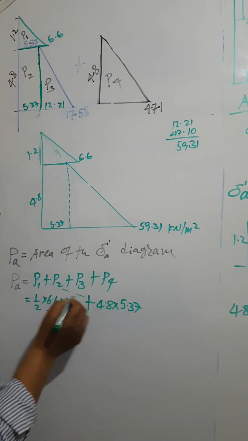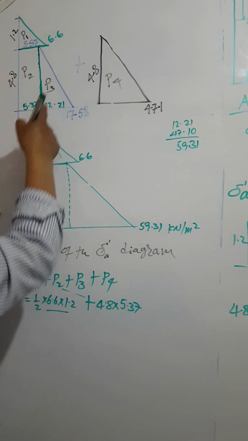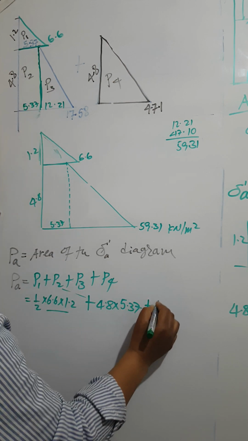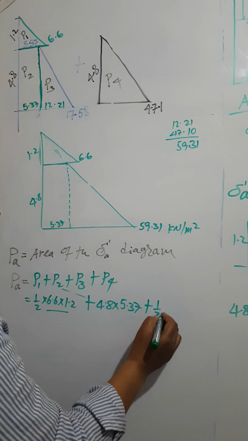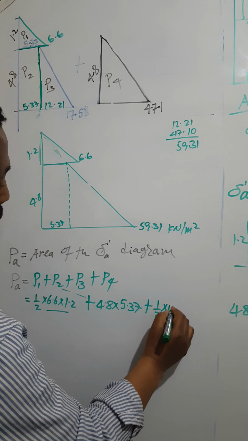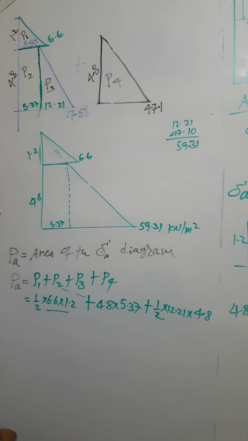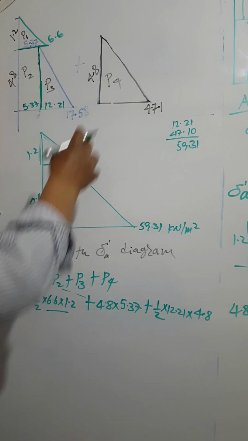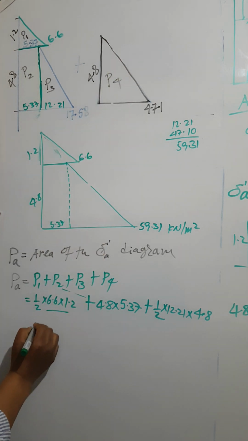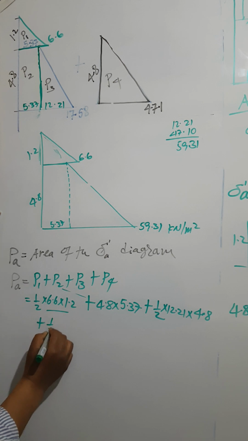P3 is a triangle: 1/2 times the base 12.21 times the height 4.8. P4 is also a triangle: 1/2 times 47.1 times 4.8.